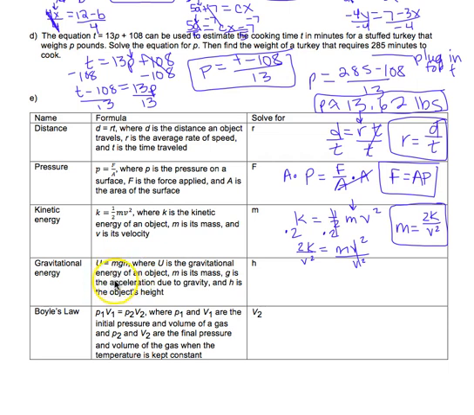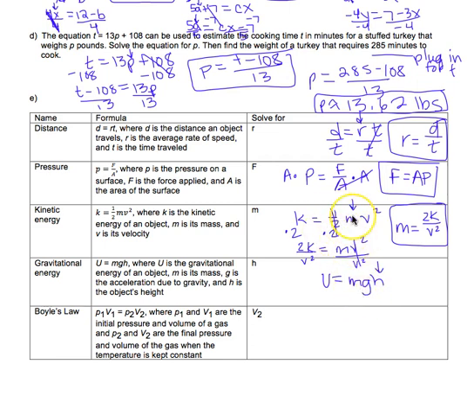Next one is for gravitational energy. We are solving for h, which stands for the object's height. U is the gravitational energy, m is the mass, g is the acceleration due to gravity. So if we're starting with U equals mgh, and we're solving for h, that means I need to get rid of a multiplied m and g.